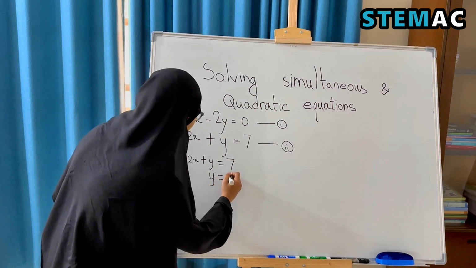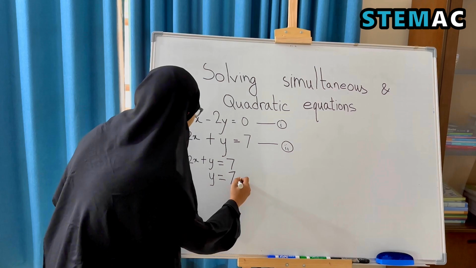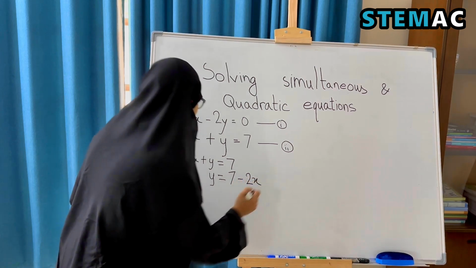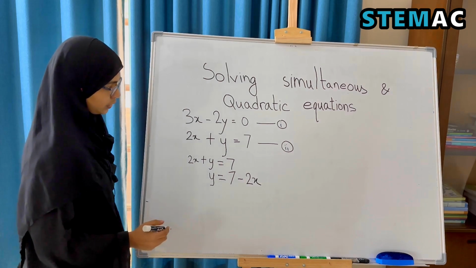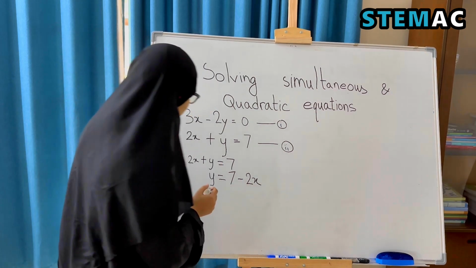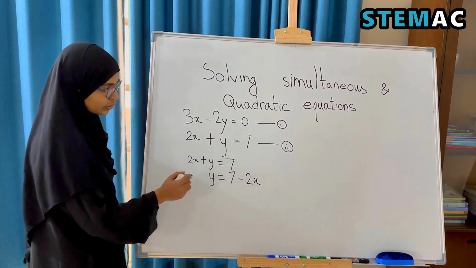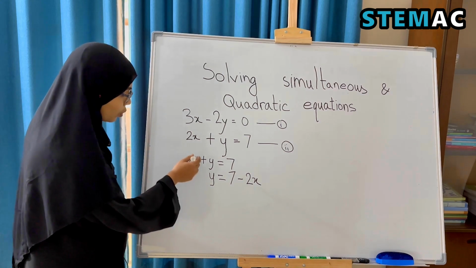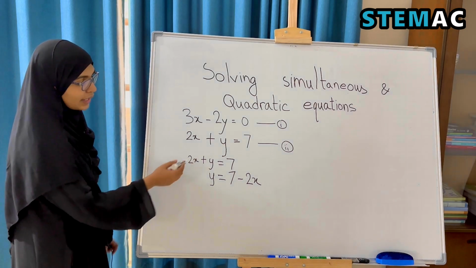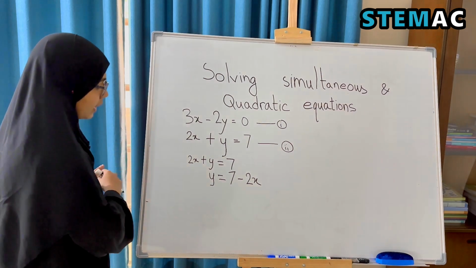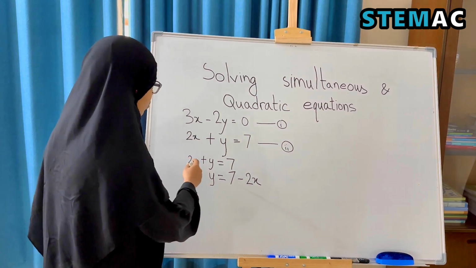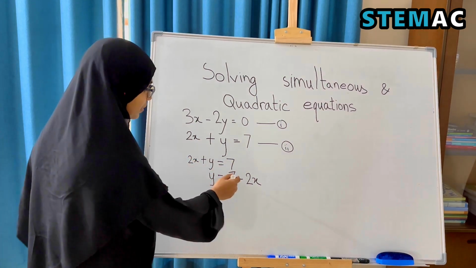So we get y equals 7 minus 2x, because 2x was added with y on the left side of this equation, and when we take 2x to the right side, it becomes negative.